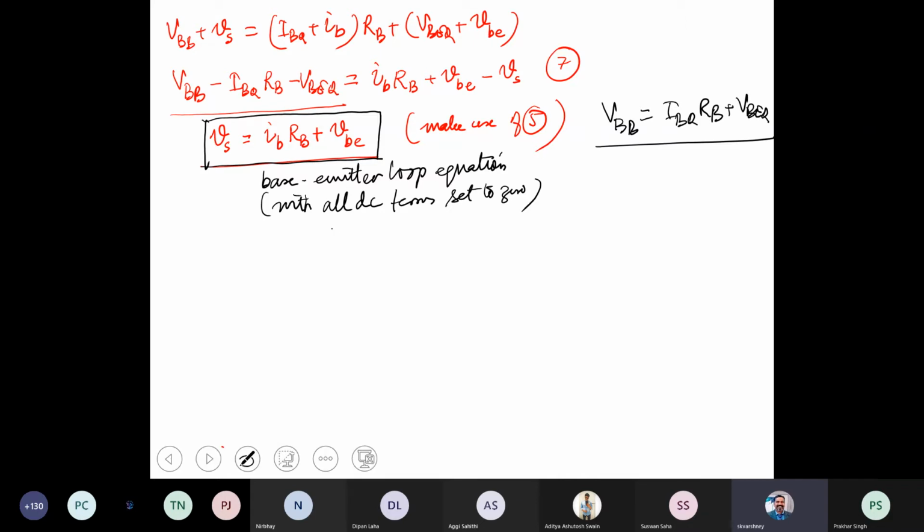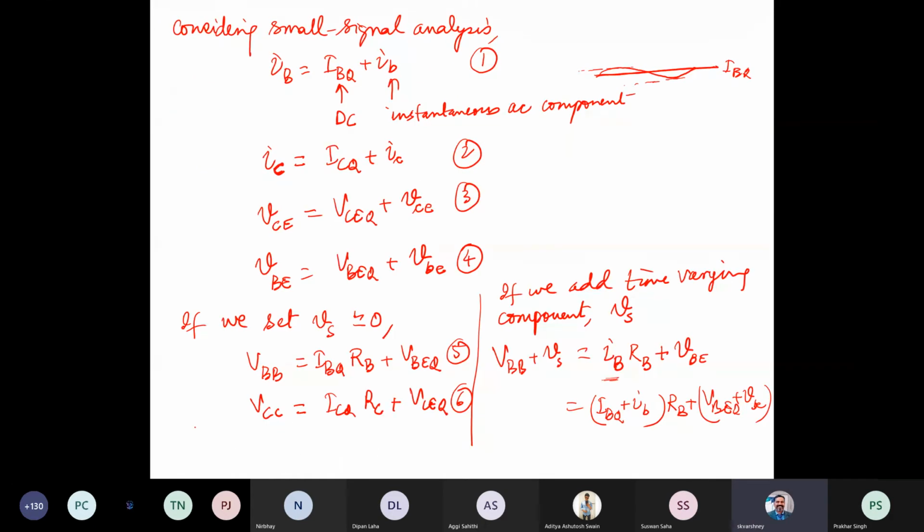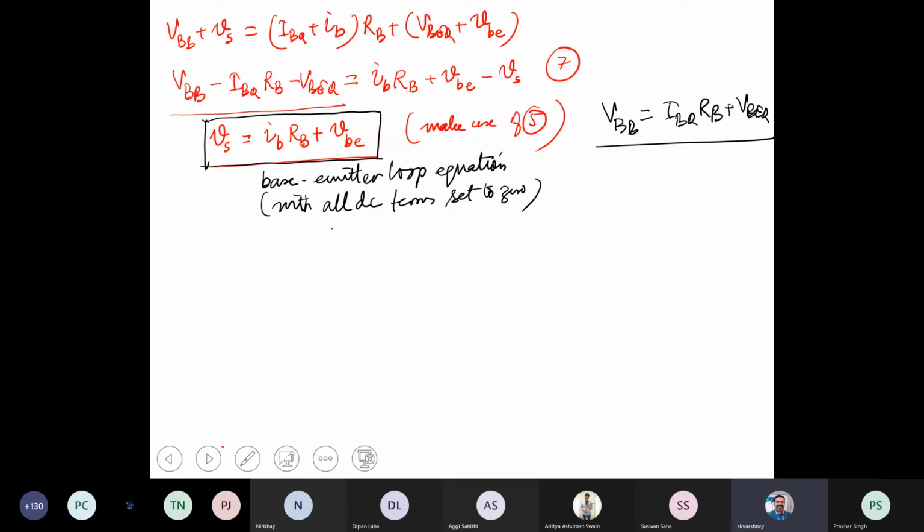In the same way, we can do it for the output loop. We can just take equation 6, consider it here, add on the AC terms and rearrange.